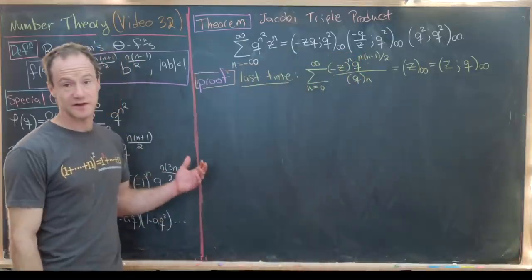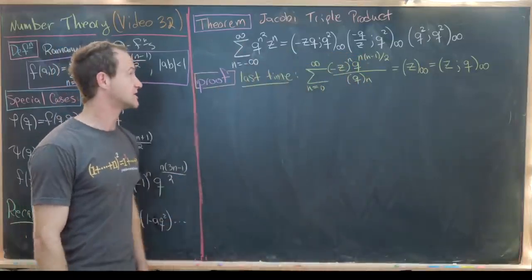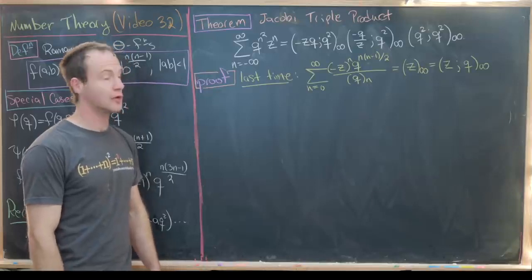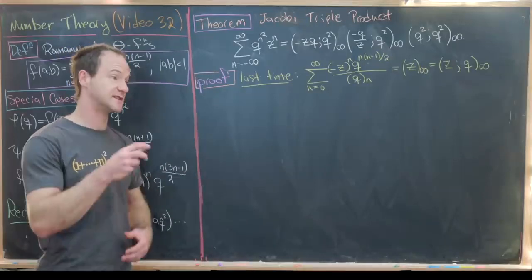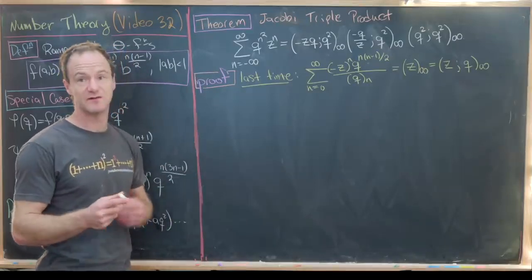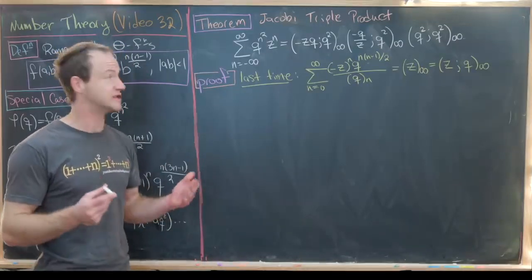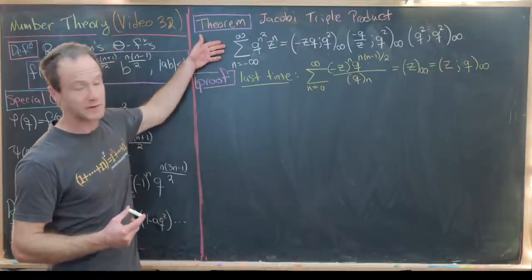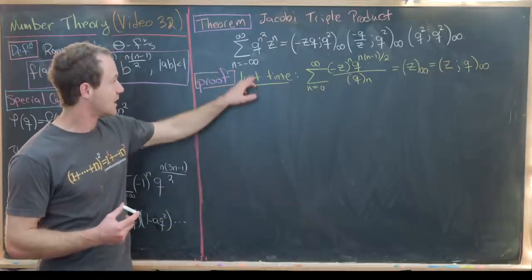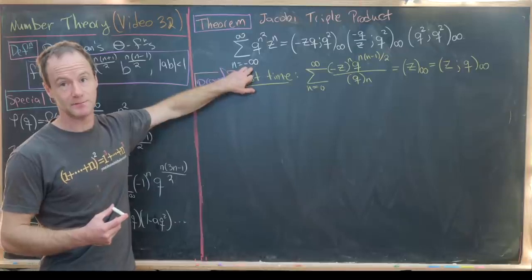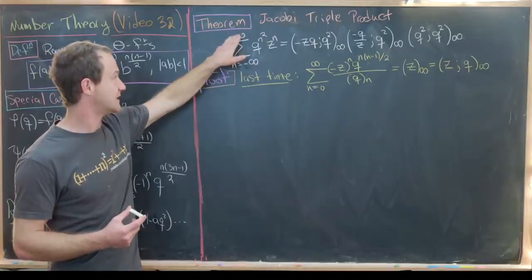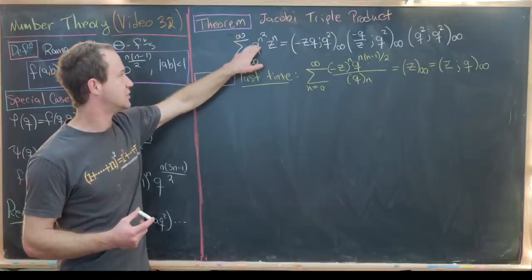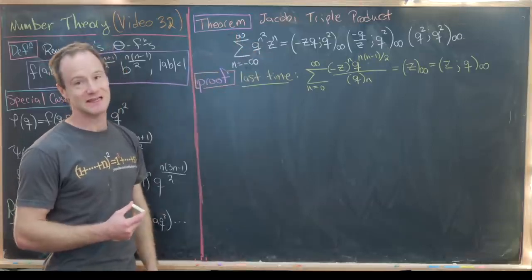So like I started this video off saying, our first big goal is to prove this thing called the Jacobi triple product. This is a really important tool for proving some product identities involving these Q-series and partitions. So it's a bit of a mouthful, but let's just parse out what we've got. On the left-hand side, we have a sum. It's doubly infinite. The sum as n goes from minus infinity to infinity of q to the n squared, z to the n.